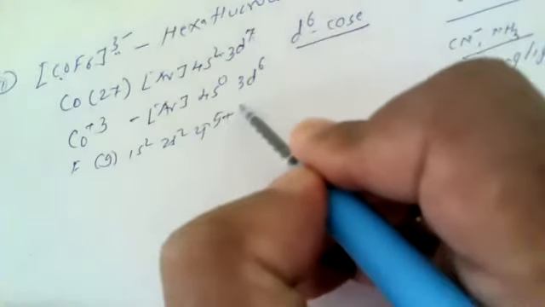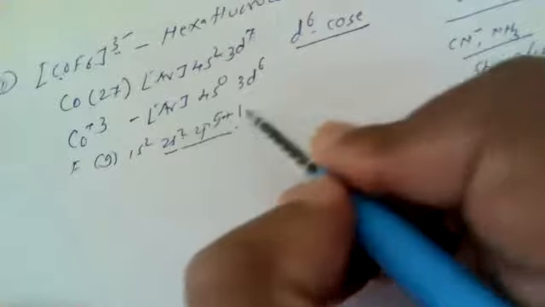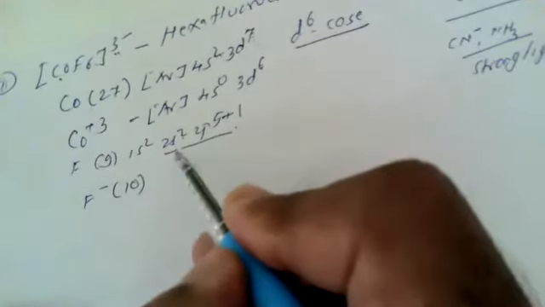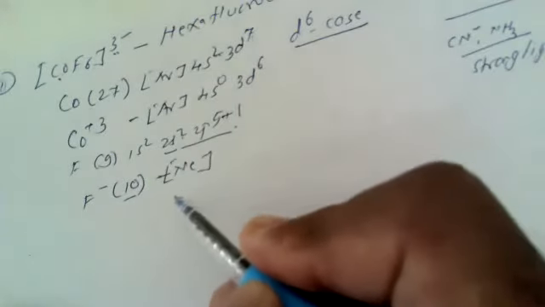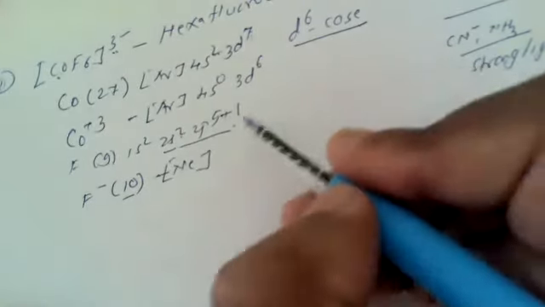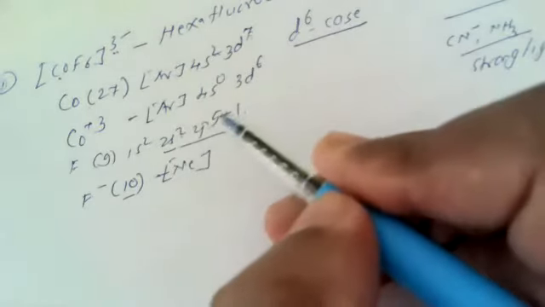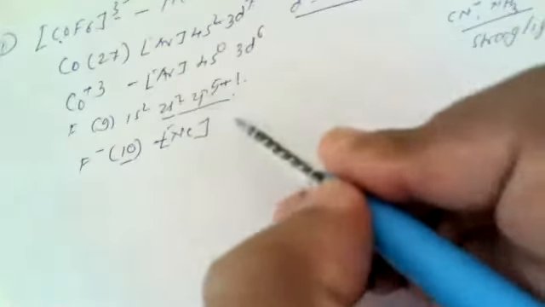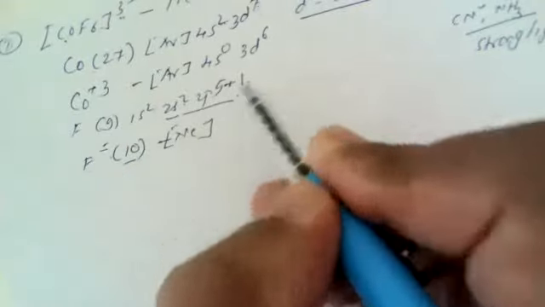So when it receives 1 electron, the configuration becomes 2s2 and 2p6. That means 6 plus 2, 8 electrons are there. So instead of 9 electrons, the fluoride ion contains 10 electrons. 10 electrons means the configuration of neon, which is again an inert gas element. So it exhibits a neon configuration as it has received 1 electron to complete its octet, and hence we always write a single negative charge on fluorine.